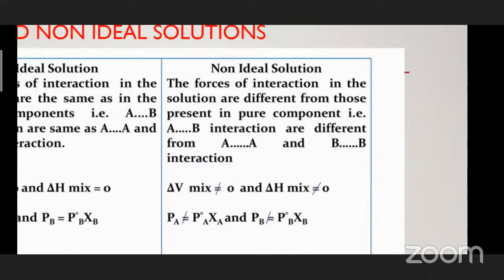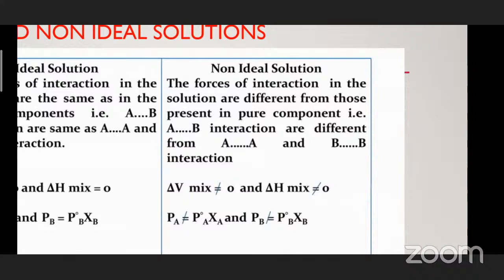Now we mix these and form the solution. So what happens? A and B are mixed, so we get the A plus B mixture. When A plus B are mixed, again we will be seeing A and B interactions.